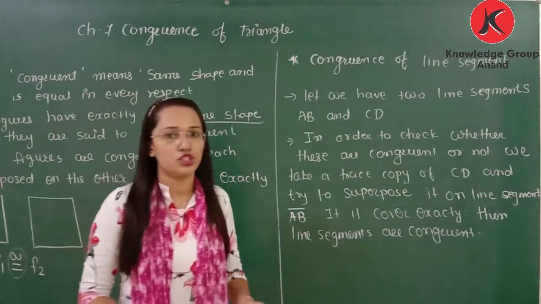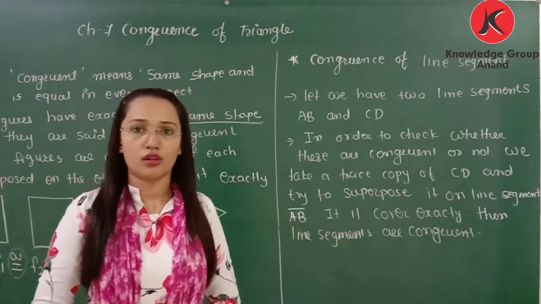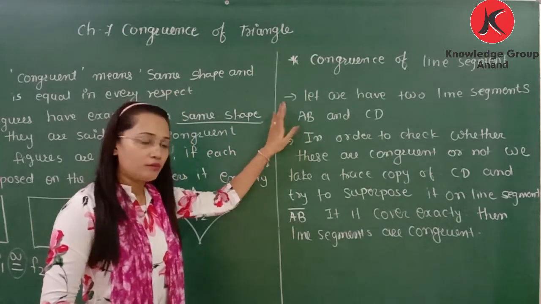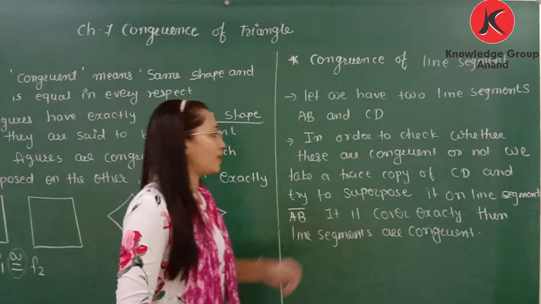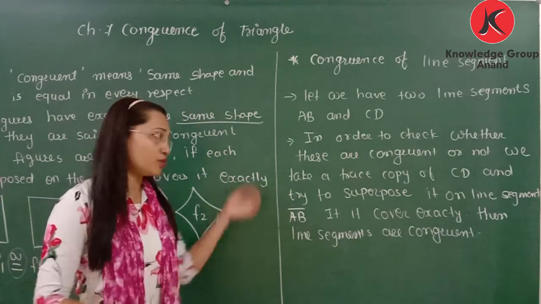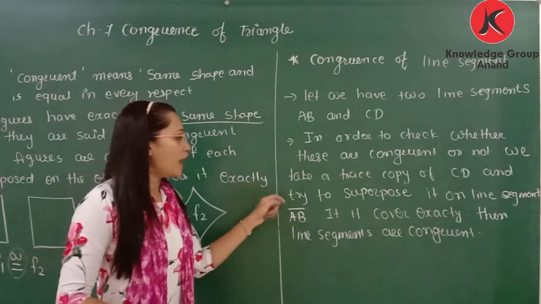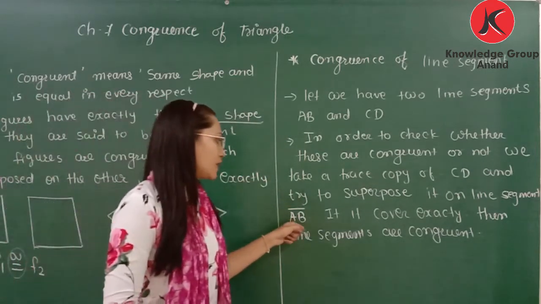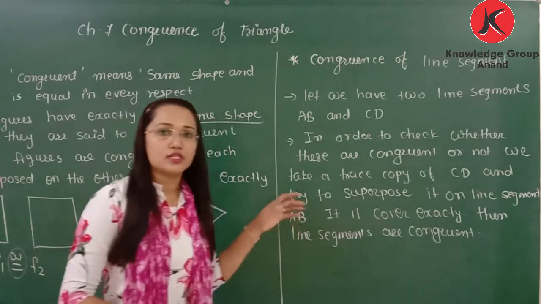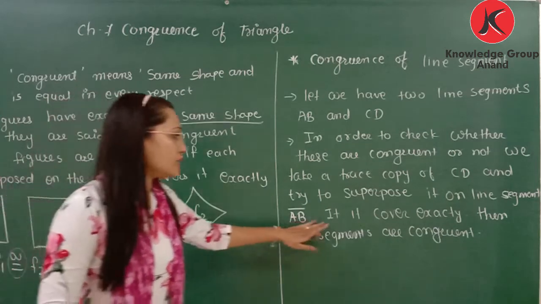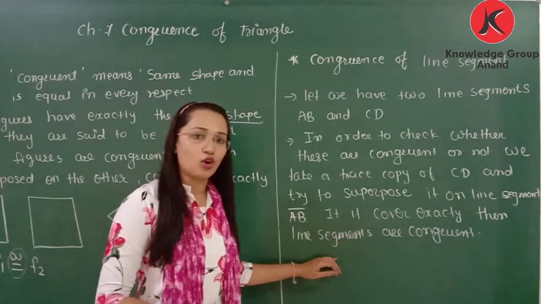If they cover each other exactly, then they are called congruent line segments. So here we have AB and CD. In order to check whether they are congruent or not, we take a trace copy of CD and superpose it on line segment AB. If CD is completely superposed on AB and covers it exactly, then it is a congruent object.